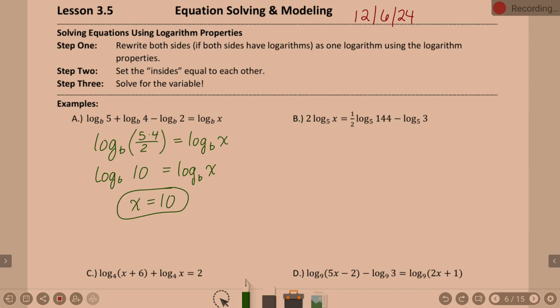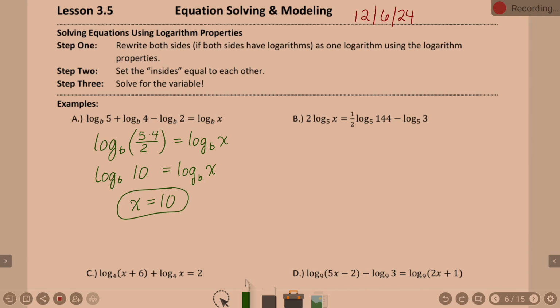Now, we do need to be aware of what I would call extraneous solutions. When we dealt with fractions, extraneous solutions were anything that made the denominator equal to 0. When we deal with logs, the inside of a log can never be negative.